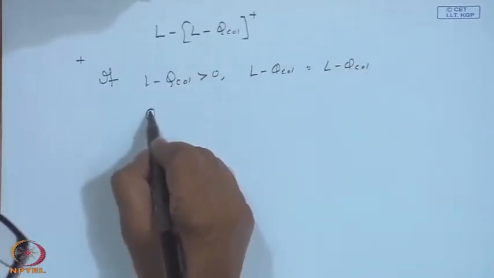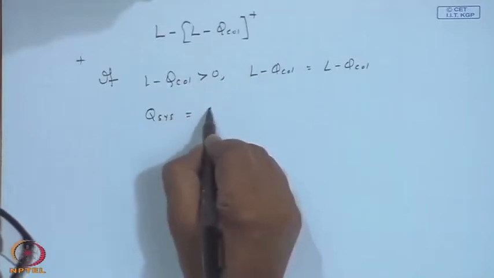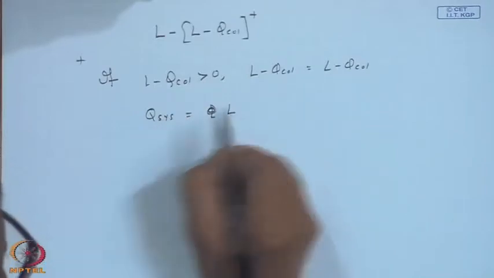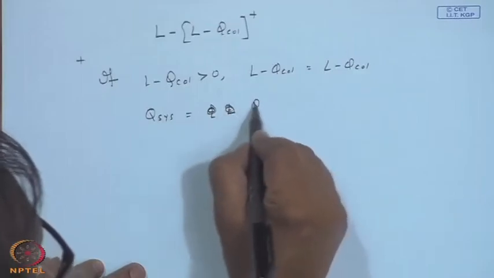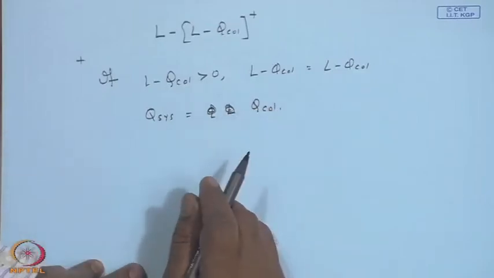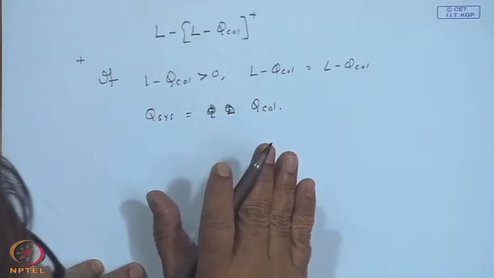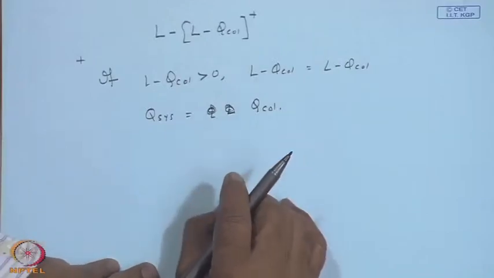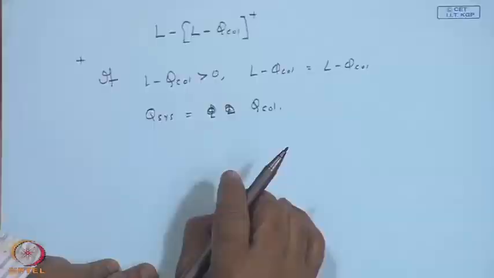So, that Q system is equal to Q col. I am not talking about the losses; the principle is only that the system will not accept excess energy, in the sense that you would not like to pay for what you do not want. If the collector supplies more energy, after going to the storage, still if there is an excess, for that the economic benefit cannot be assigned.